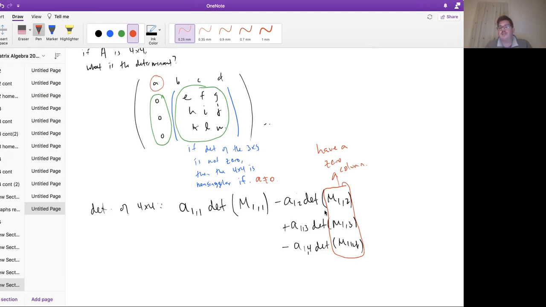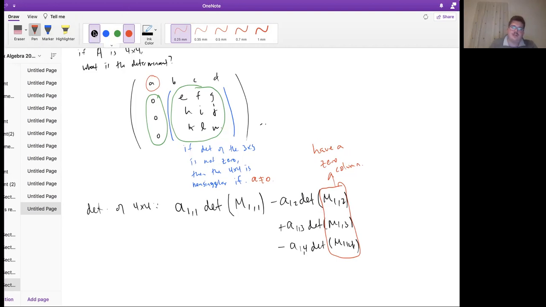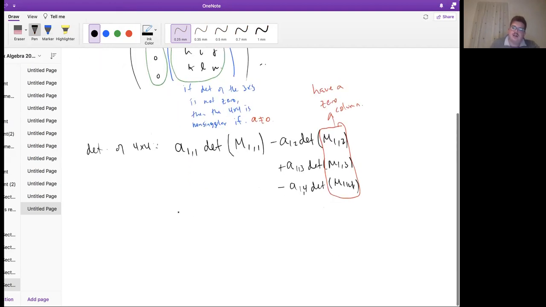So we're out of time for now, but next time we'll expand this to n by n. If you know induction, it's just that. But right now our formula is, you can think of A1k times the determinant of M1k, with this (-1) to the 1 plus k, summed from k equals 1 to n.